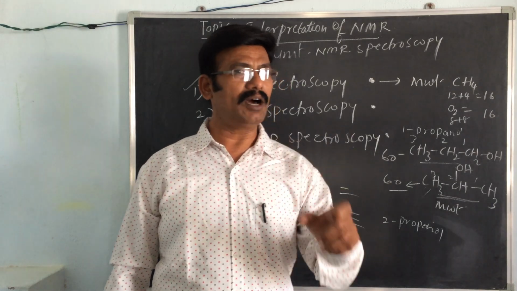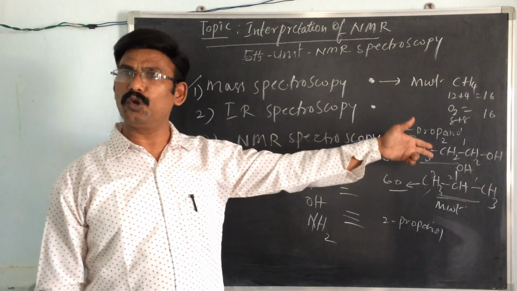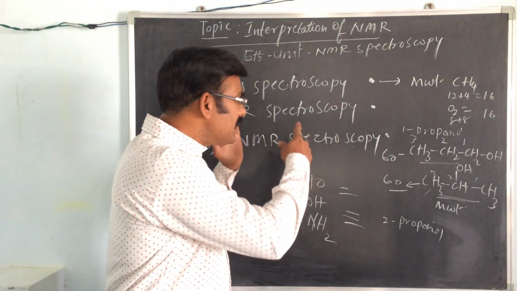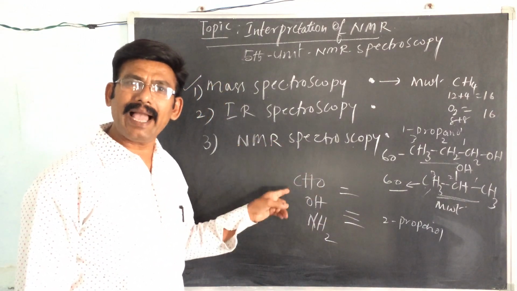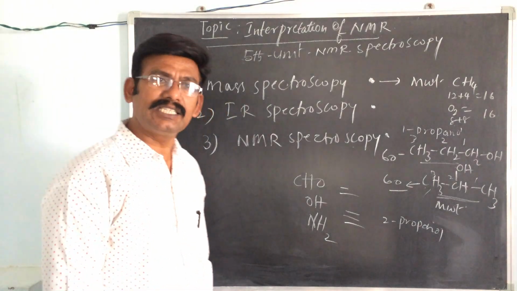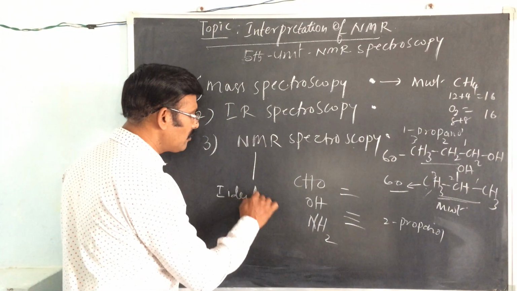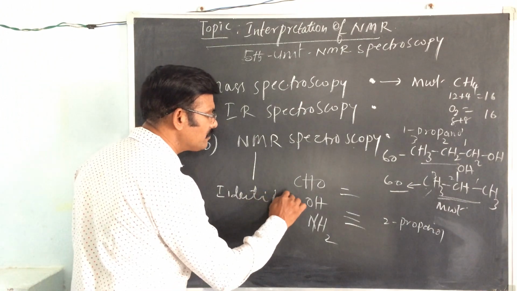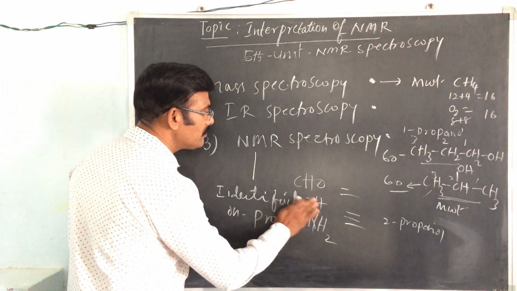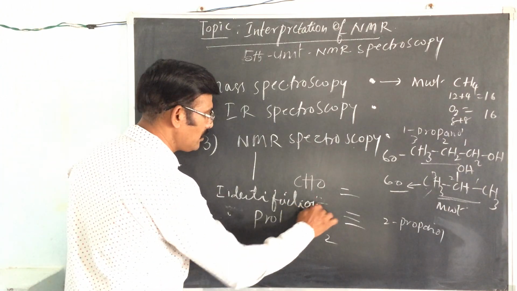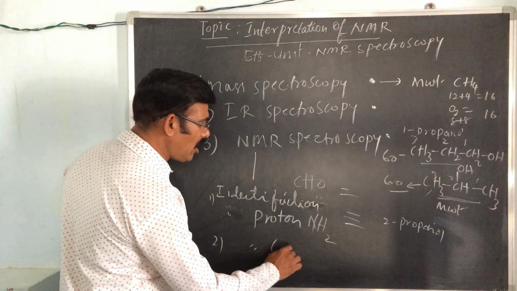Okay, now NMR. So far we have the mass giving the molecular weight, and IR giving the functional groups. But in NMR spectroscopy, NMR means nuclear magnetic resonance. In this, two types are there: identification of the proton and identification of the carbon atom.